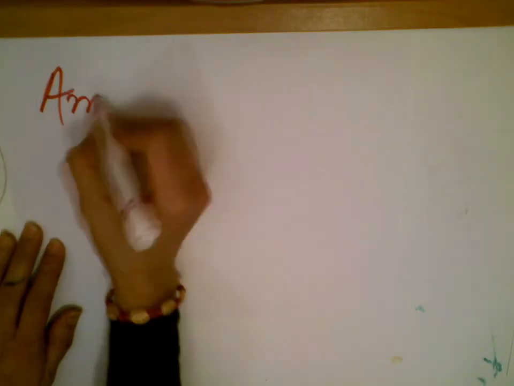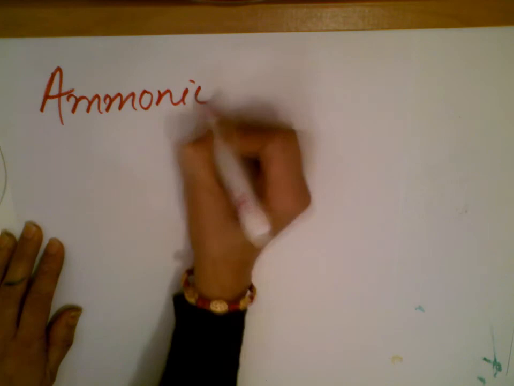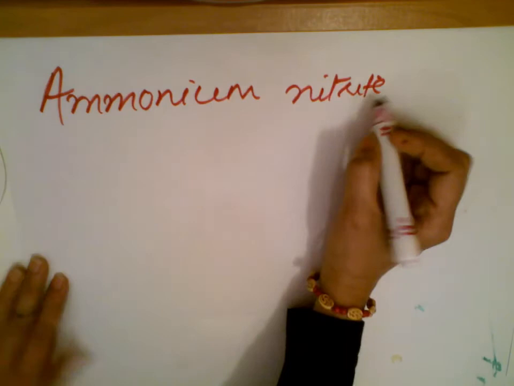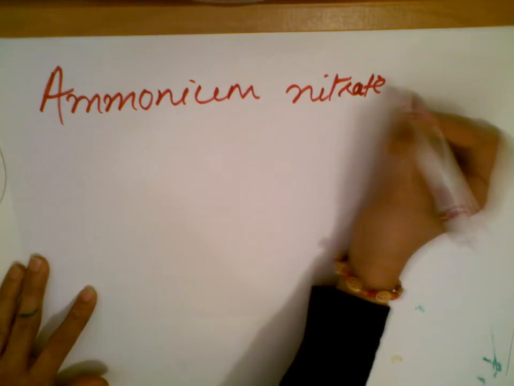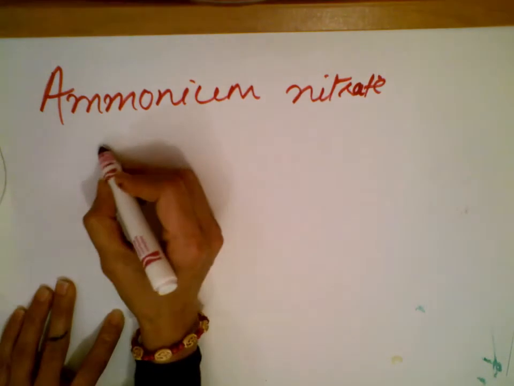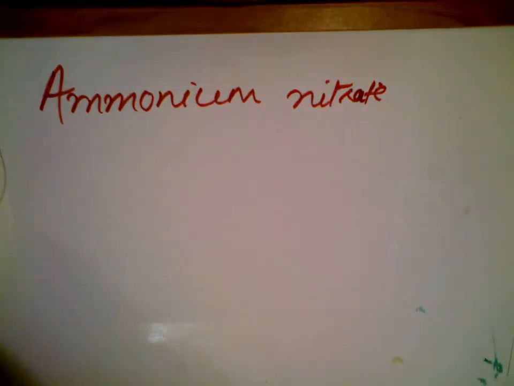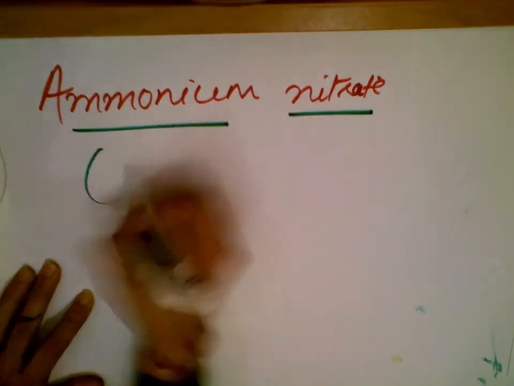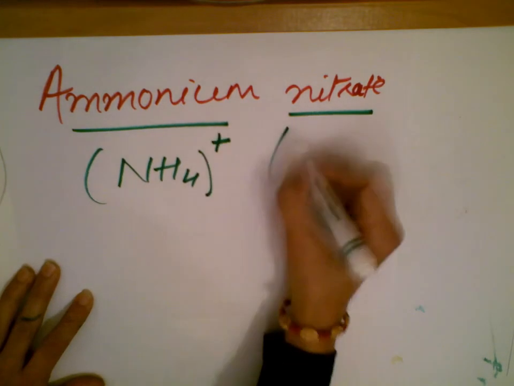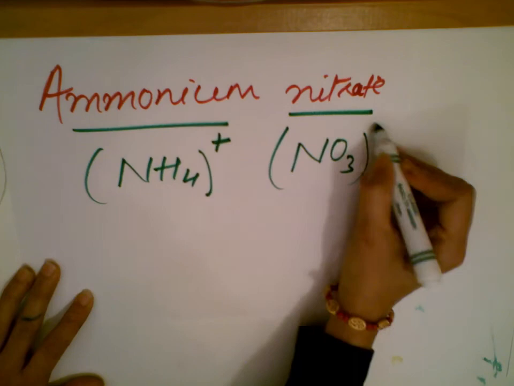Let's work on another example. One more at least. So let's say ammonium nitrite, or maybe nitrate, because we did the nitrite. We did the nitrite? Yeah, we did the nitrite. So ammonium and nitrate, you're going to look at the valency chart. When you look there, ammonium is this one and nitrate is this one.